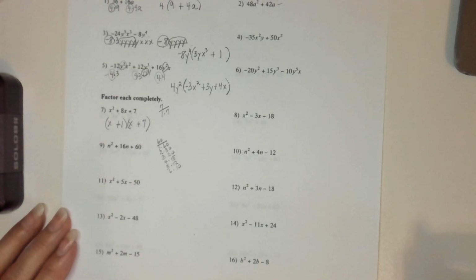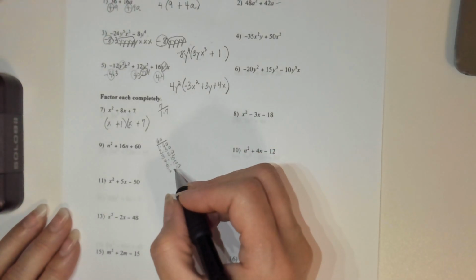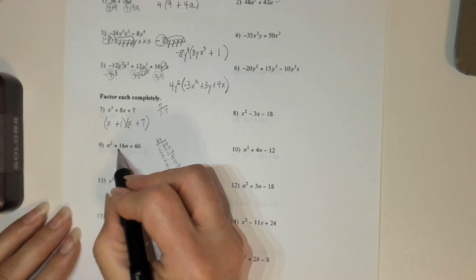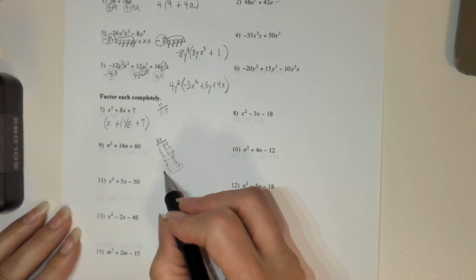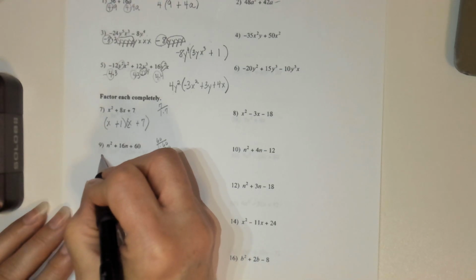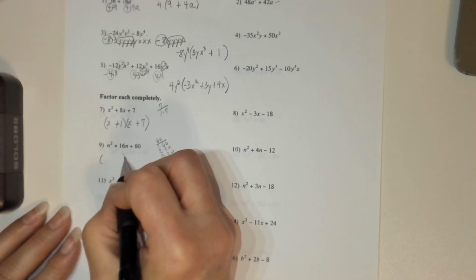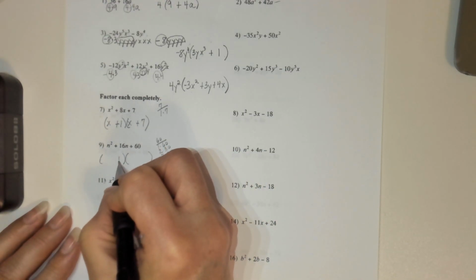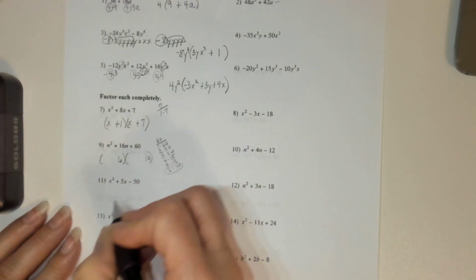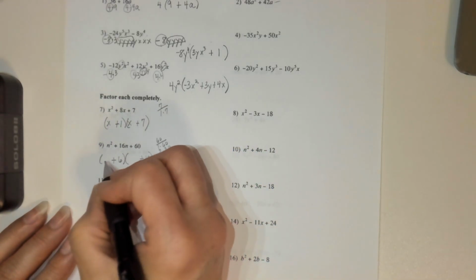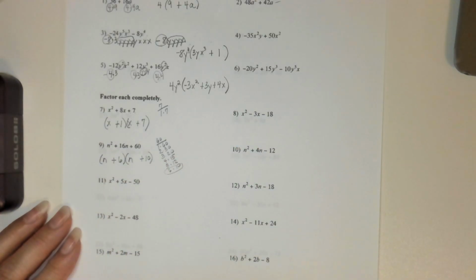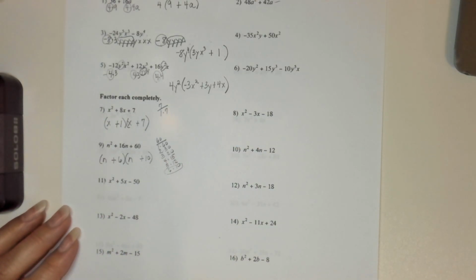Now we're done, okay? So which ones add to give us a 16? Let's see, well, 10 and 6. So 6 can go on one side, 10 in another. If they add together, they can give us the 16 in the middle. N squared breaks into n times n, and this one is now factored.